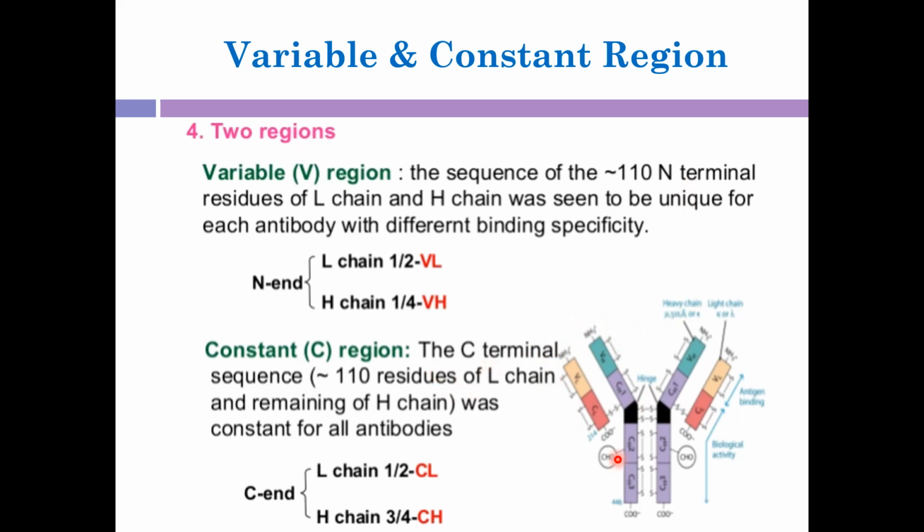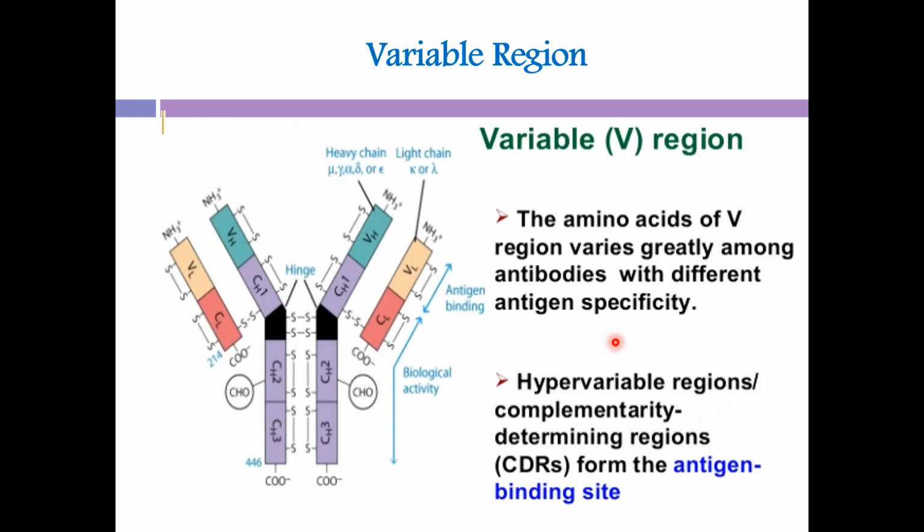The constant region contains the carboxyl terminals and is constant in all antibodies, but they perform different biological functions. And this is only the antigen binding site, but they have a hypervariable region for different binding specificity or different antigens. Sorry.